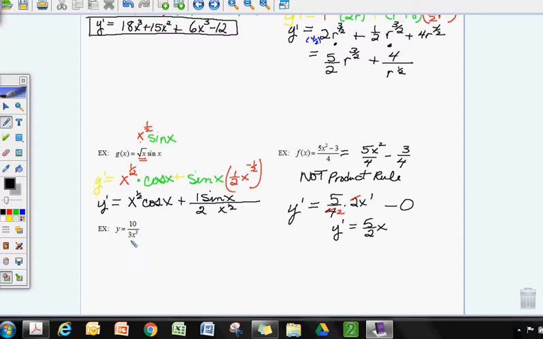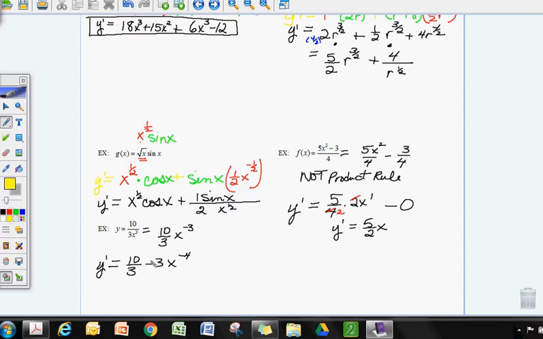Okay, so looking at this one, this is not a product rule. This is an old-fashioned problem that we did last section. 3 over 10x to the negative 3 power. So my derivative, the 10 over 3 comes down, the negative 3 comes down, subtracting 1 from that would give me negative 4 power.